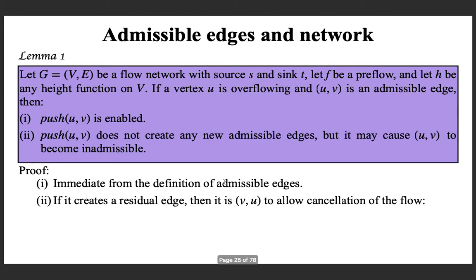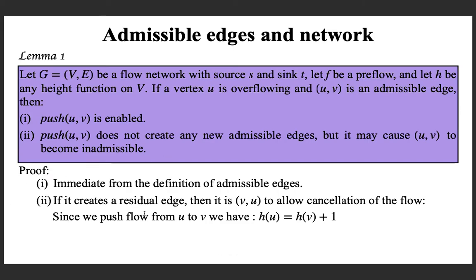And for proving the second one, it claims that a push operation will not create a new admissible edge. Note that if you push from U to V, the only edge you are adding is the reverse edge, to permit sending back the flow, or flow cancellation.